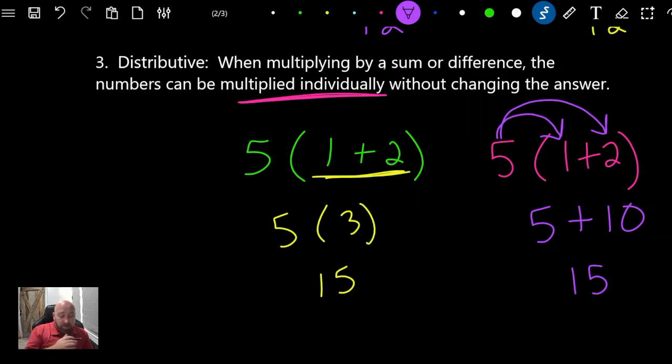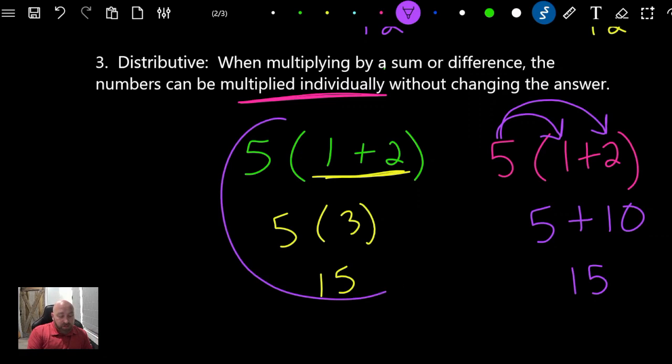15. All right, so again, it looks different. It's a change in how we've been doing things, but we get the same answer. That's the beauty of math. As long as you don't break any mathematical rules, you end up with the same answer. You can do it a little bit different way. There's lots of methods, lots of different ways that we can go about things.